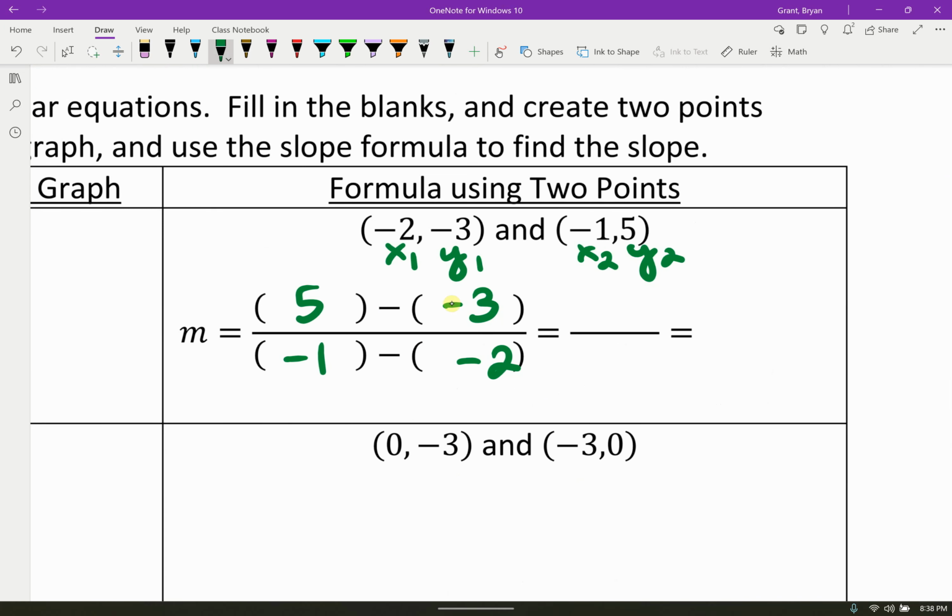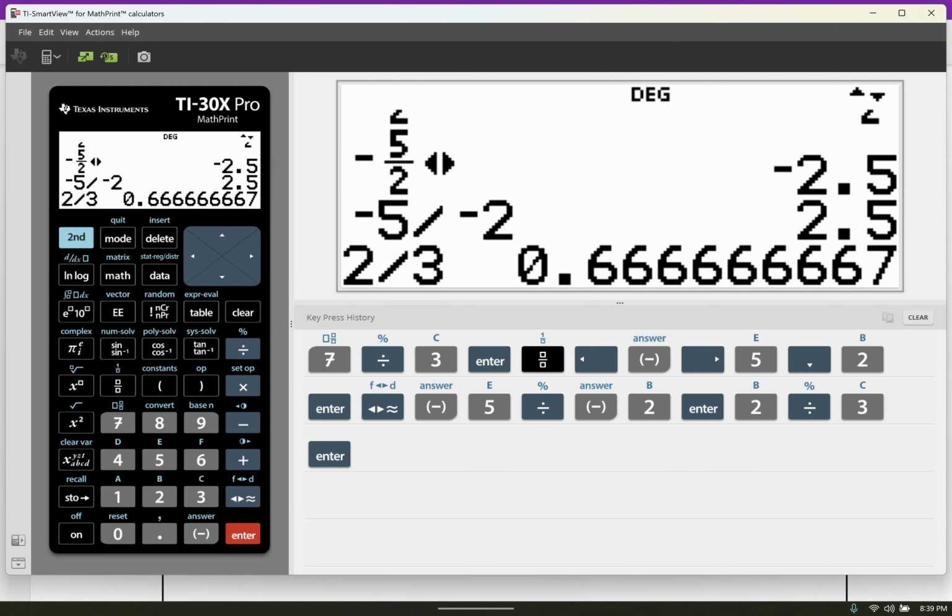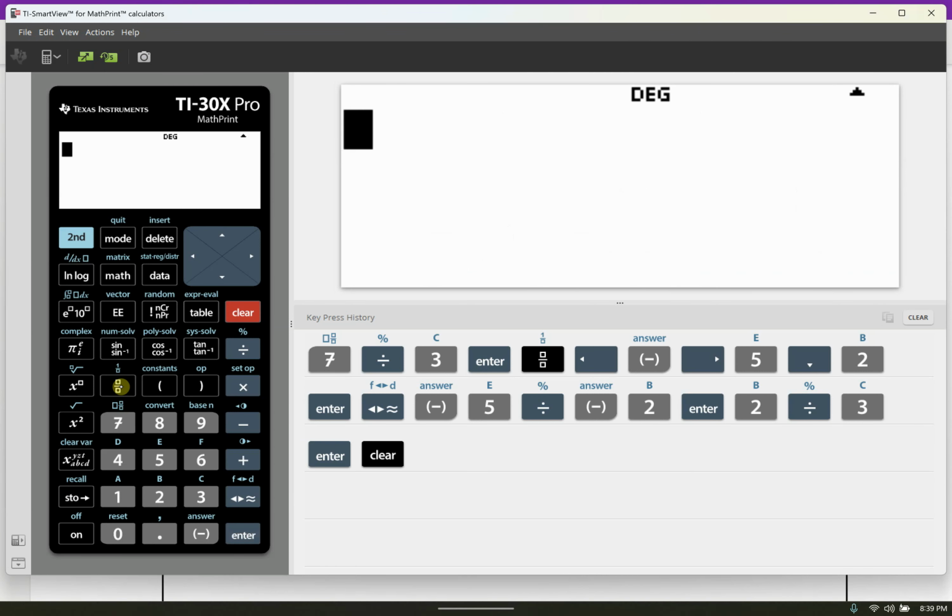Now, a lot of students get thrown off with these double negatives, right? 5 minus negative 3. We might remember from middle school 2 negatives right next to each other are a positive. That's 8. But if you're ever unsure, don't forget that on your calculator, you could type everything in, right? We have the fraction, and then we want to get those parentheses as well.